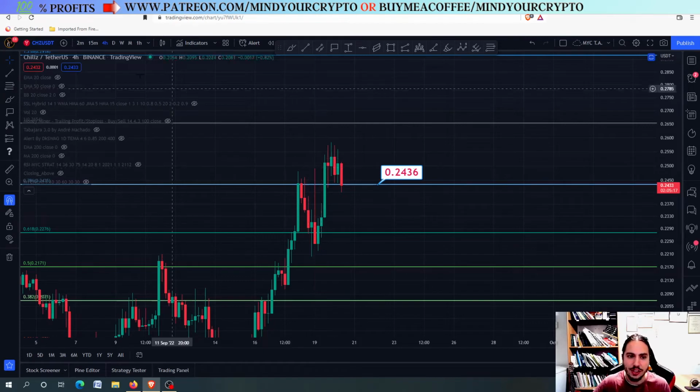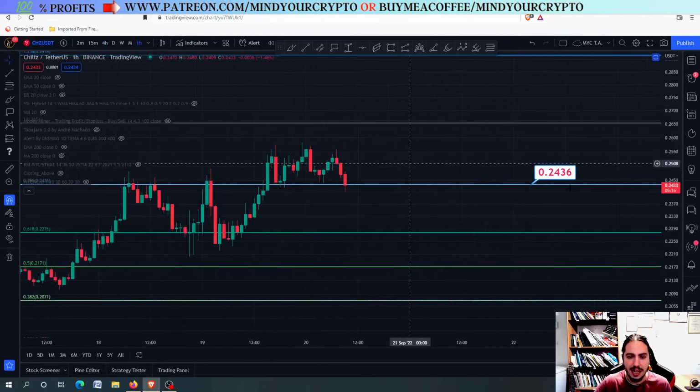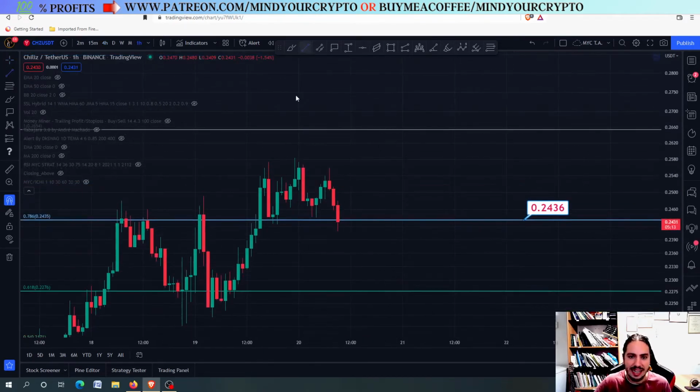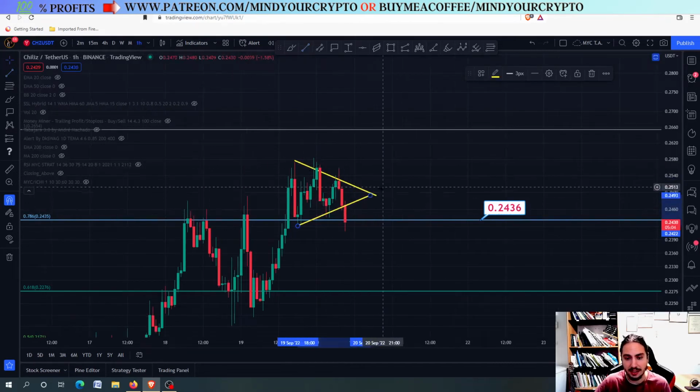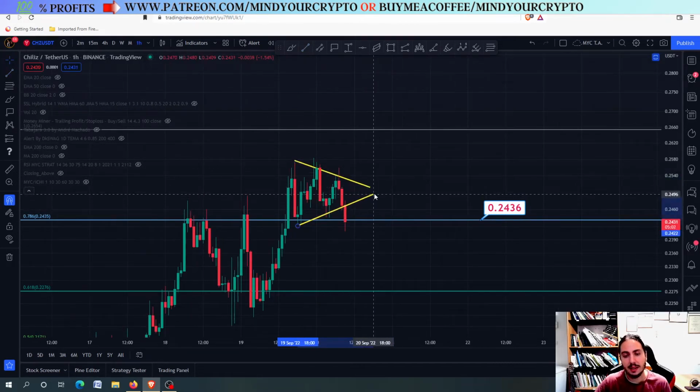The second thing is, if I go to the 1-hour frame, I saw something like a triangle, right? Take this high right here, connect the tops and the bottoms. We had a triangle. This could be a bullish pennant, but I didn't tell you about the other triangle, purposely, because I want to tell you right now.